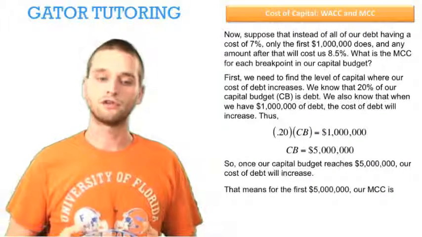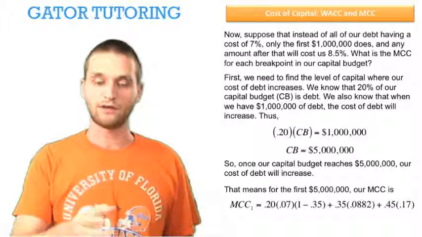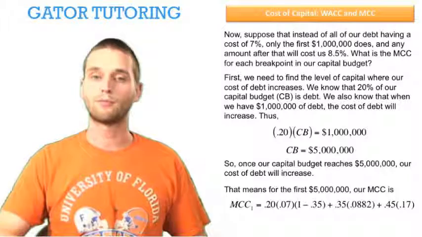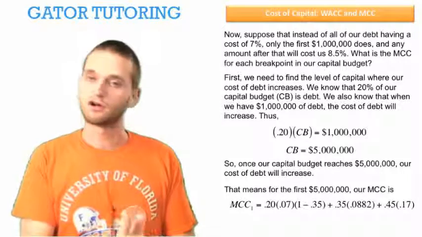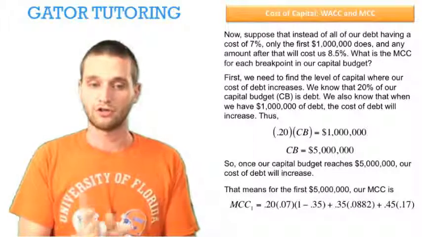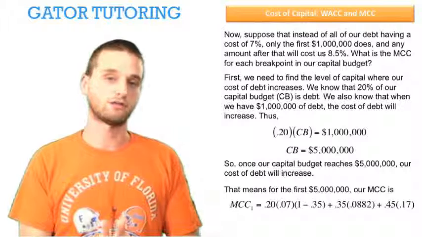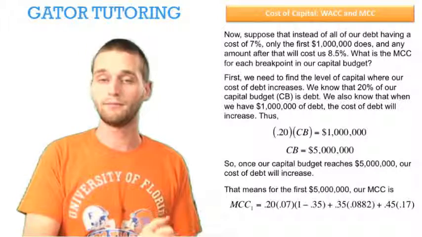That means for the first $5 million, our marginal cost of capital uses the weighted average cost of capital formula: we just multiply the weights times the required rates of return on each component, but the components are going to change. Here we're looking at the first $5 million, and we know our debt portion is going to be less than $1 million.